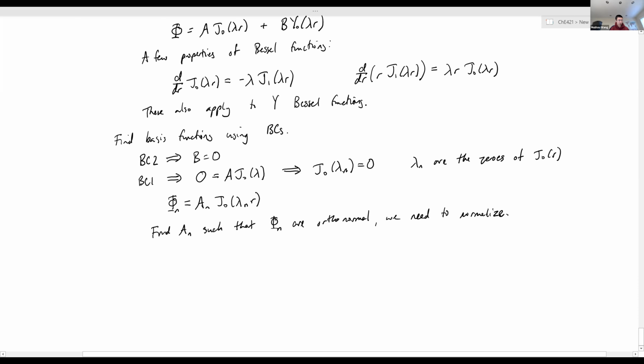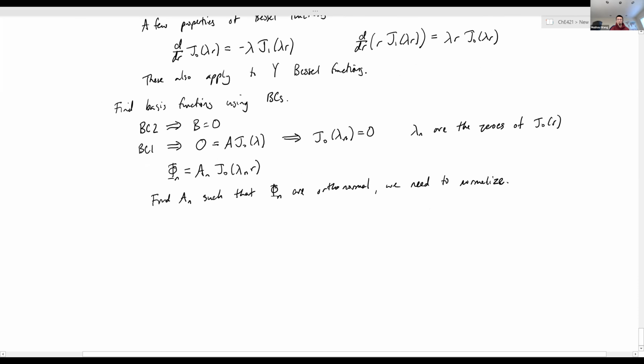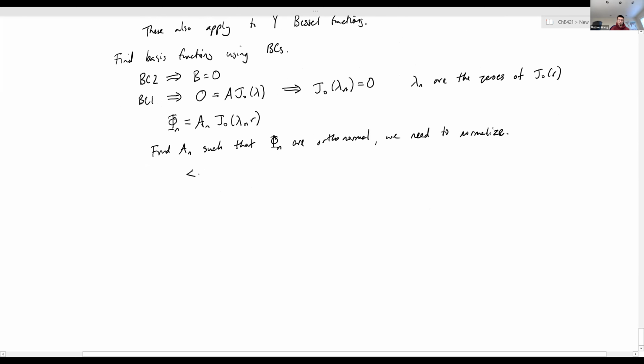Okay, and the way we do that is we do an inner product, and we make sure that the inner product of any basis function with itself is equal to 1. The inner product in this case looks a little different than normal, because we have this additional r term right here.